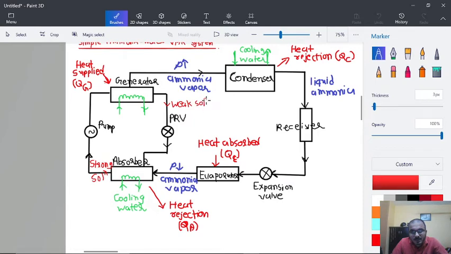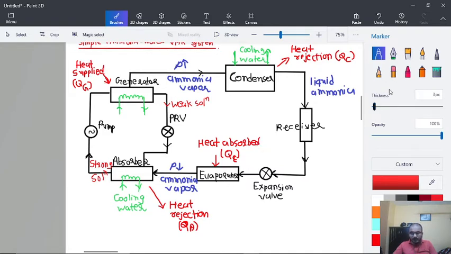Now let's understand the fundamentals behind this figure. Here we need to begin at any particular point.